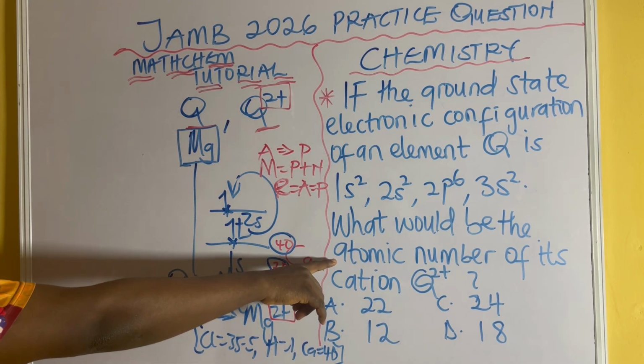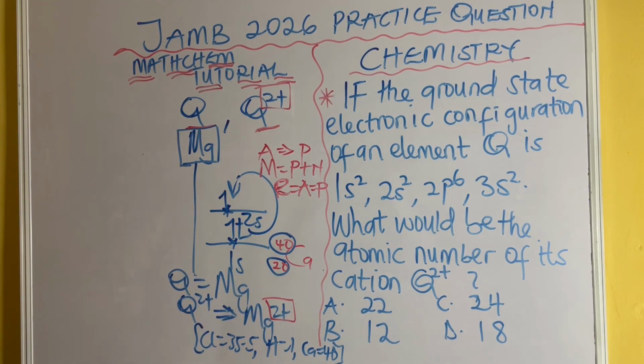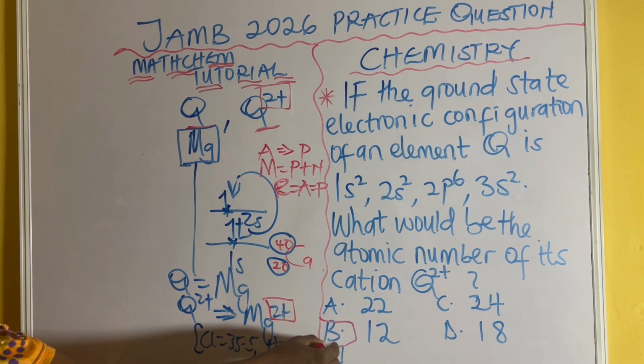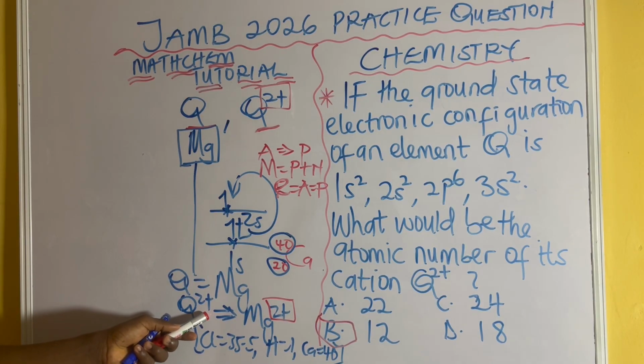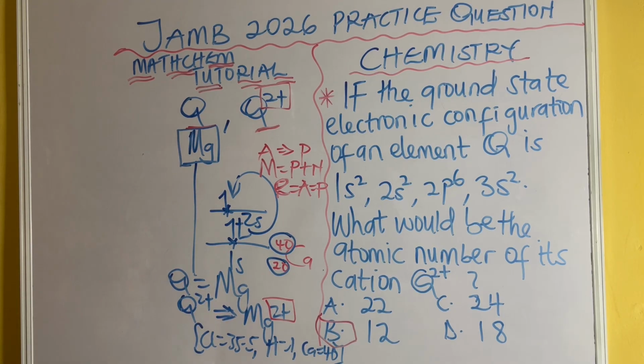So can you say that the atomic number of the cation is still 12? So our answer here is B. The protons for this Q2+ are also 12, but the electrons are now 10. So it is the electrons that changed. Nothing happened to the atomic number and nothing happened to the protons. So the correct answer for this particular question is B, which is 12.